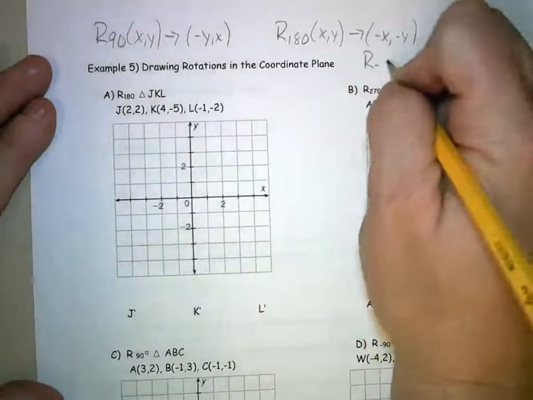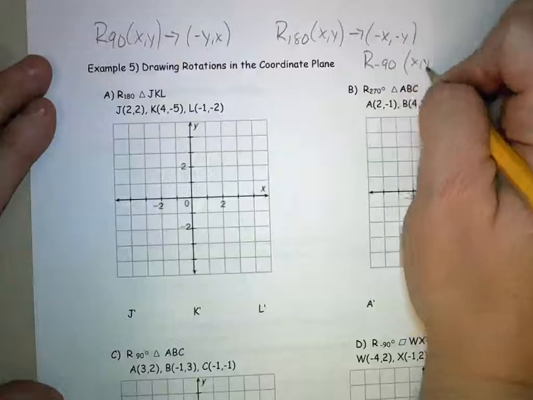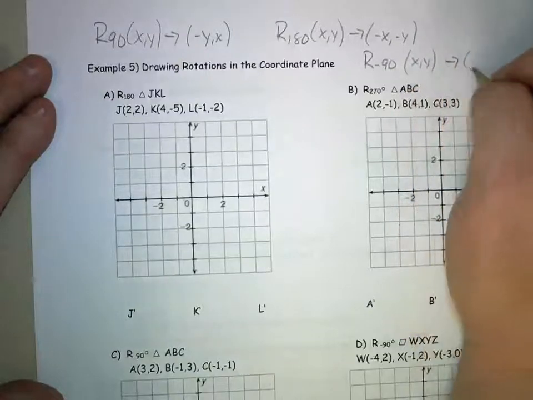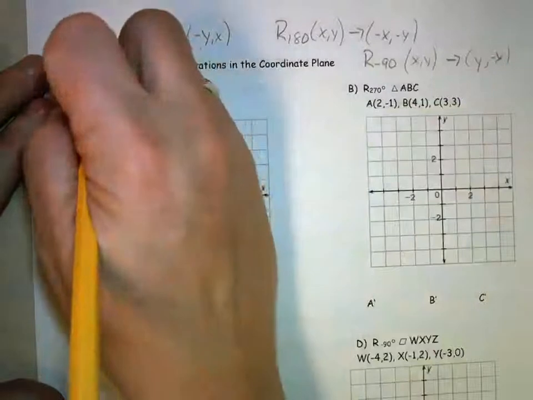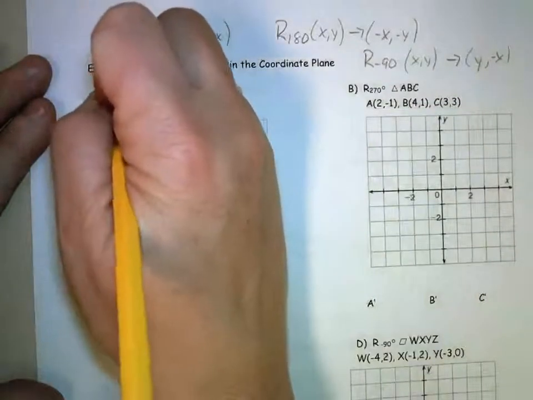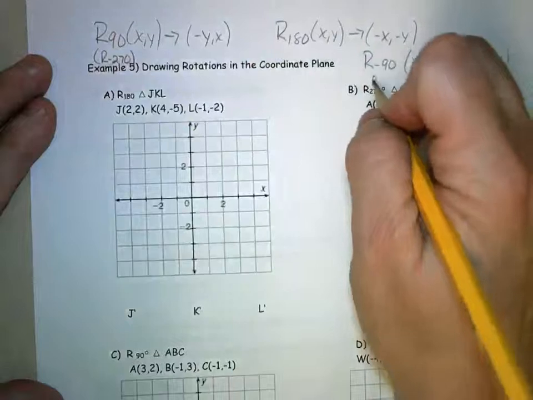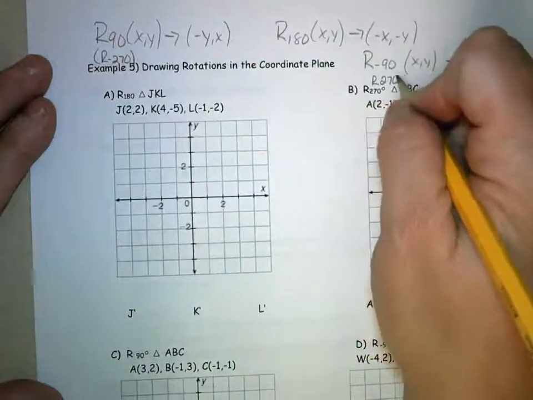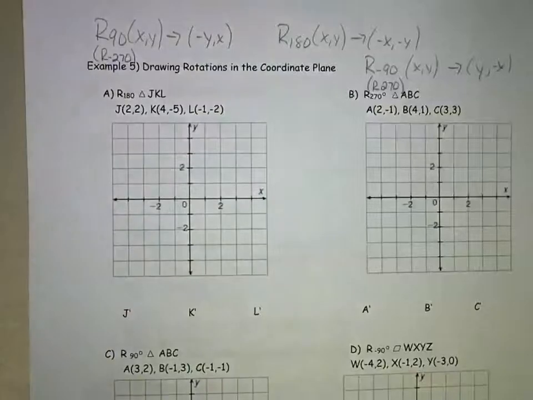And a rotation of negative 90 of the point (x, y) becomes (y, -x). And this is the same as a rotation of positive 270. I just put those up there as a reminder to me, so I remember what I'm doing on these.